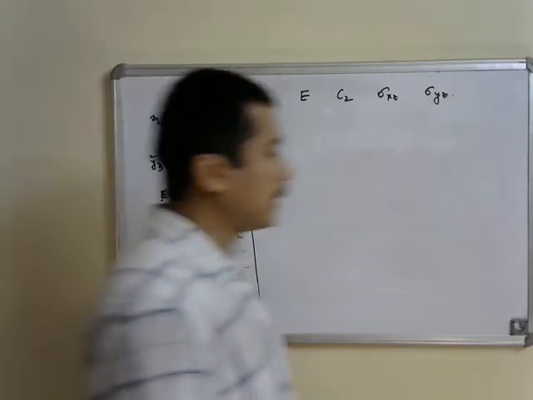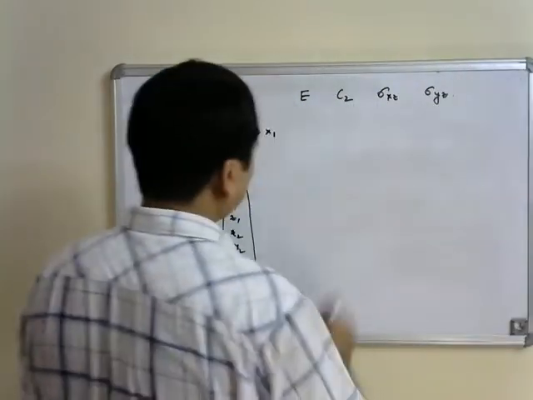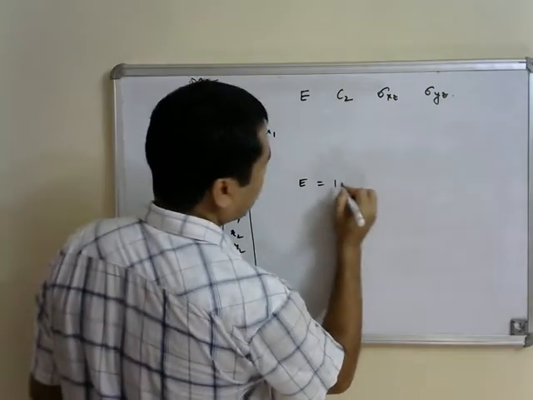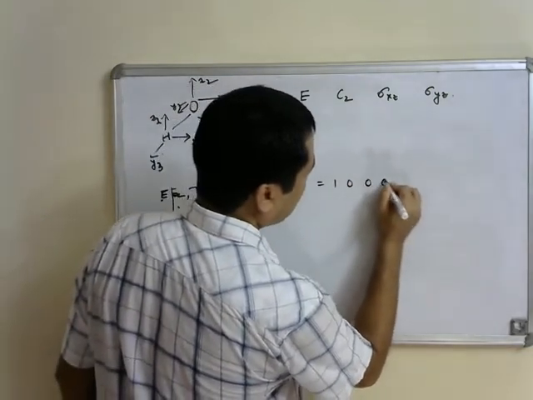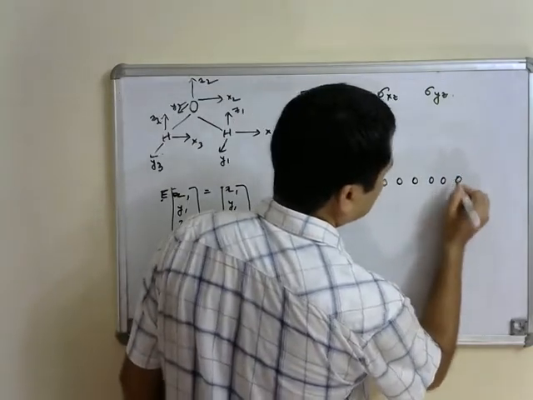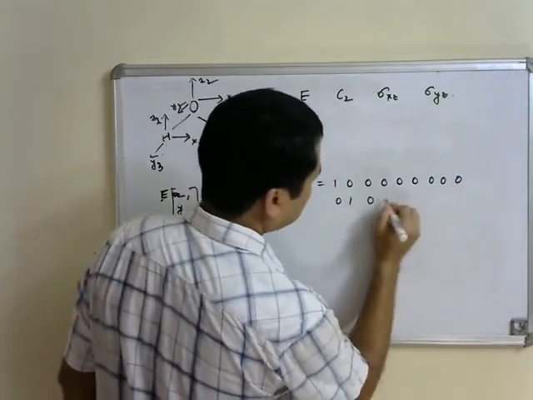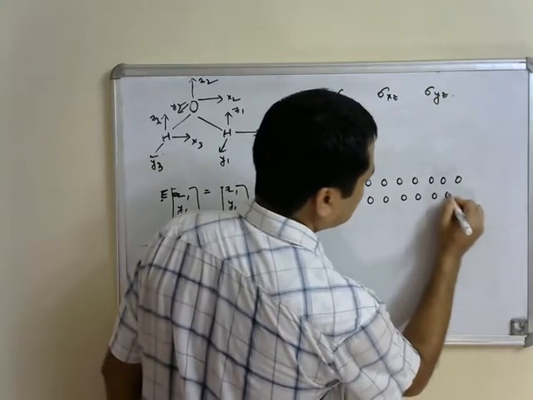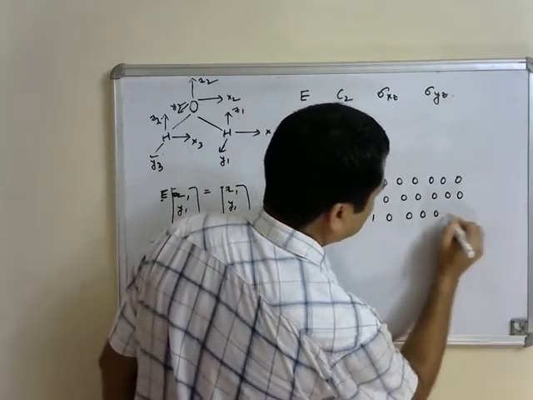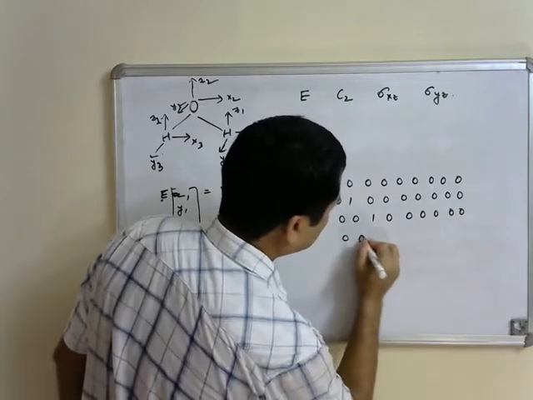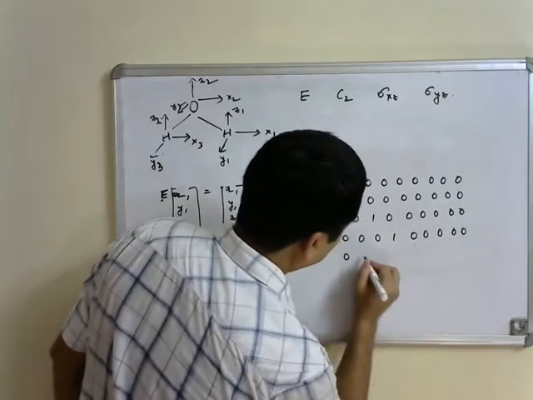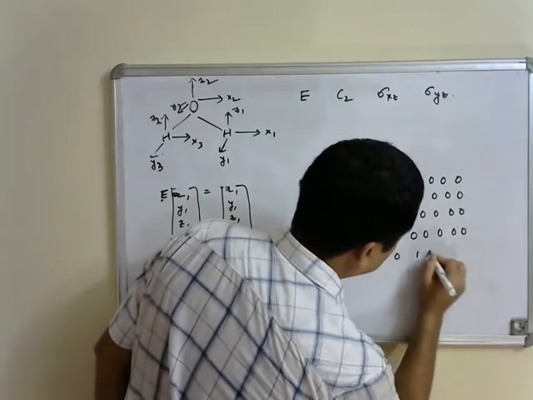So when we have to write the matrix representation for the identity operation, as you can figure out now easily, it is going to be a 9-dimensional unit matrix, and you can write the matrix in this way. The diagonal elements are all equal to 1, while the non-diagonal elements are all equal to 0.